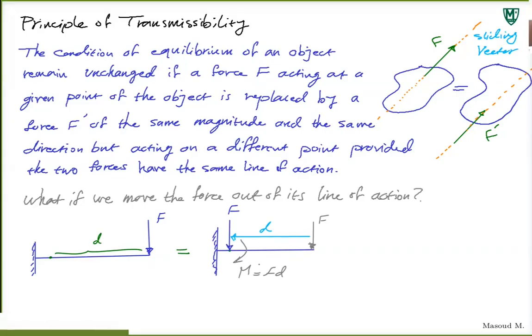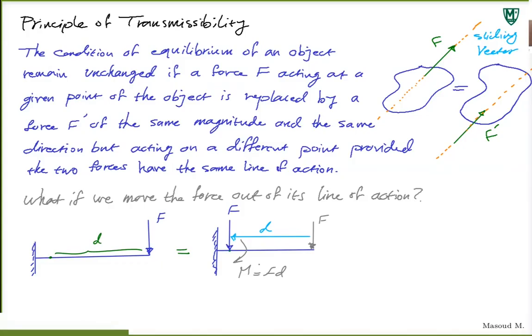So we have a system with a force applied to it. To get the equivalent system, if we move the force out of its line of action, we have to add a moment to the system to compensate for that translation.